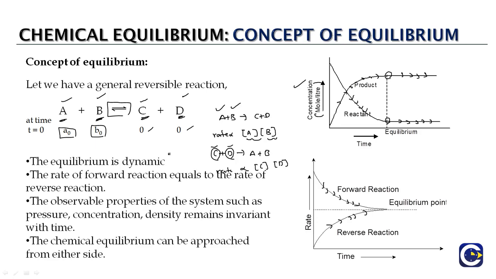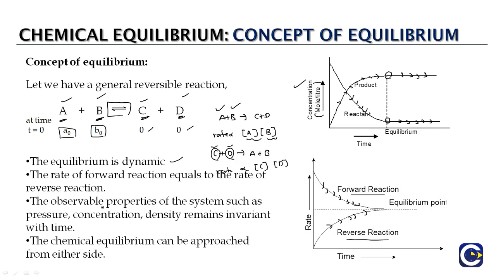Now when we talk about the properties of equilibrium, the first and important property is that it is a dynamic phenomenon, which means once we reach equilibrium, it is not that the forward reaction and the backward reaction stop, but they happen at the same rate.